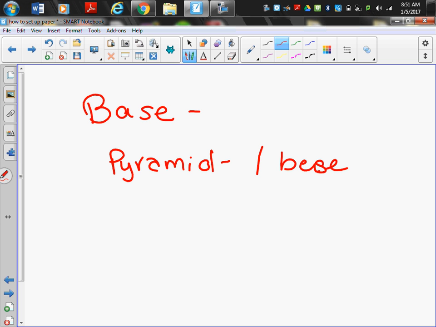A prism will have two bases that are exactly the same.